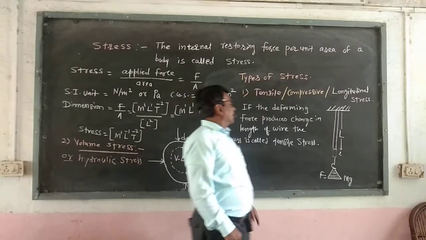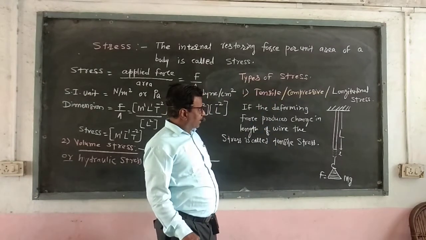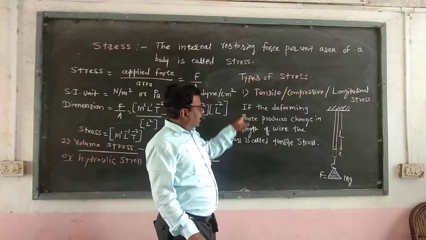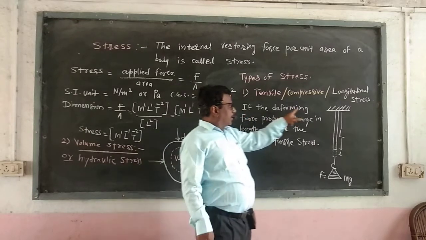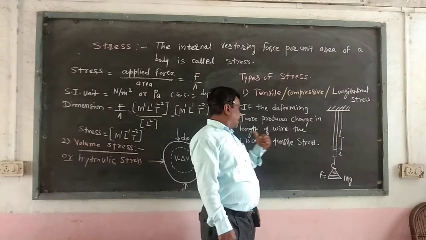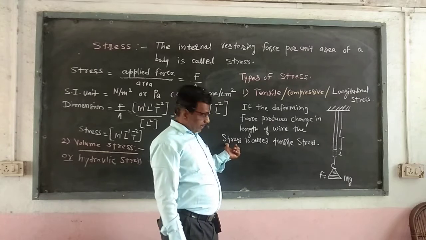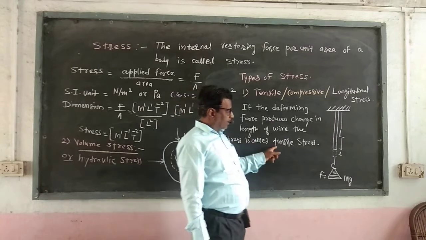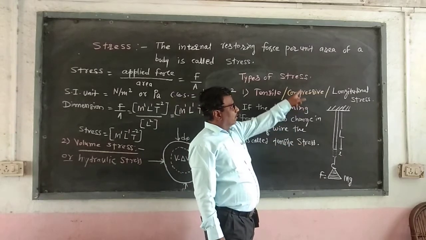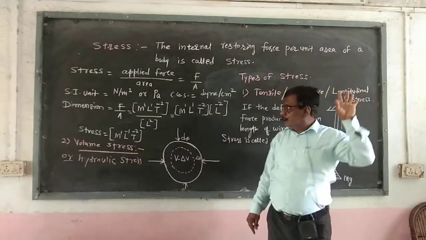So tensile or compressive or longitudinal stress is defined as: if the deforming force produces change in length of the wire, that type of stress is called tensile stress or compressive stress or longitudinal stress.